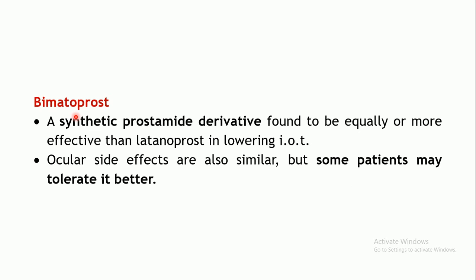The next drug is bimatoprost. This is a synthetic prostamide derivative which is very similar in efficacy to latanoprost in lowering the intraocular tension. This drug is considered to be better tolerated in certain individuals.